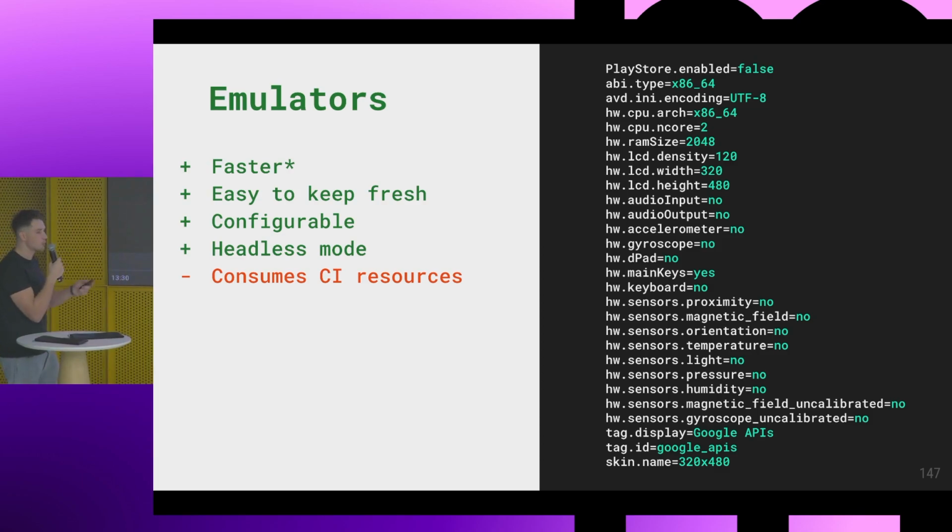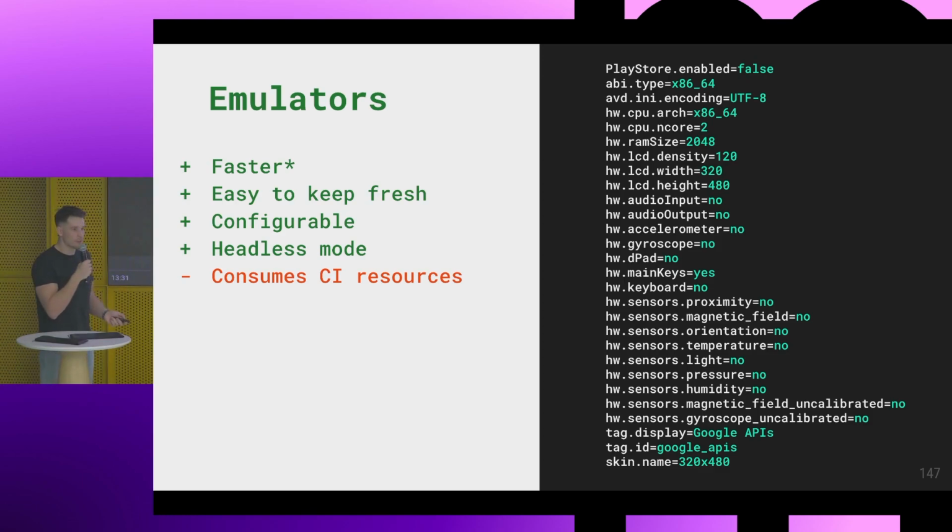Also, they can be configurable because most likely you don't need sensors, gyroscope, audio input. You don't need this for tests, right? Also, you can reduce the resolution to some small values. It might speed things up for you. And also, emulators can be launched in headless mode. It means that you will have no UI, right?